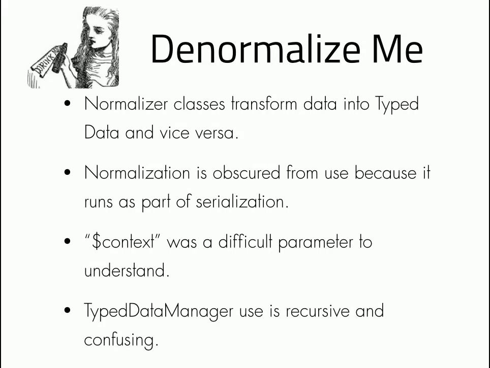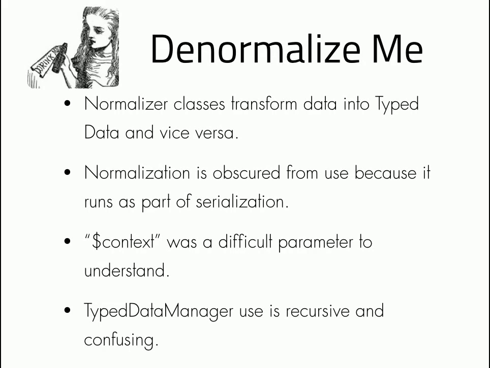The normalizer class is what handles part of this, and it is a part of the serializer component. You're never really invoking normalizer yourself. You're invoking serializer on XML or JSON, and then serializer is going to come in and normalize or denormalize the data.